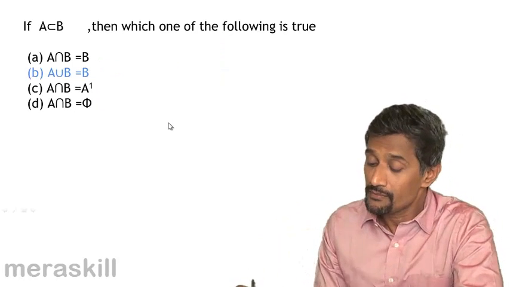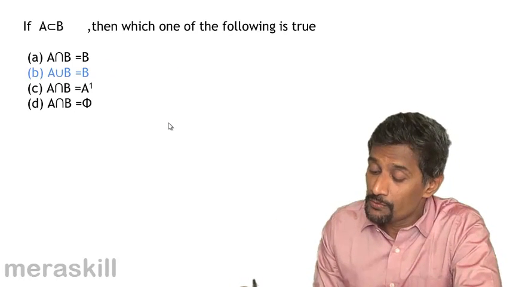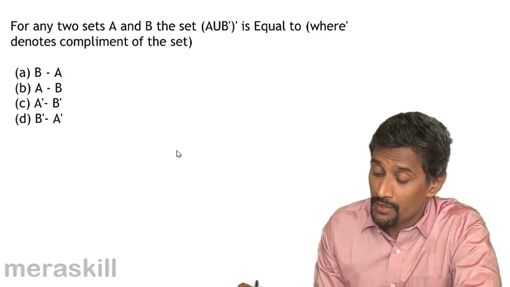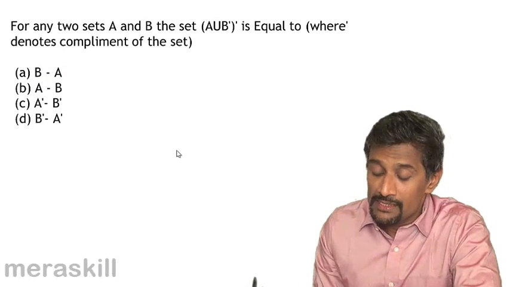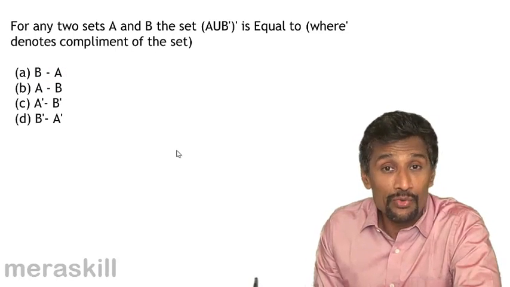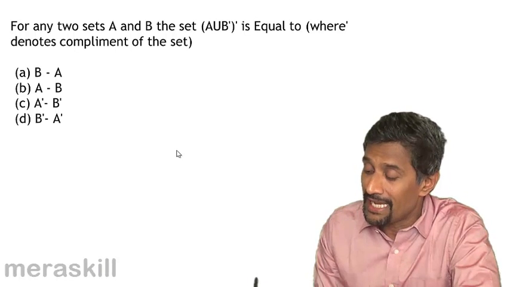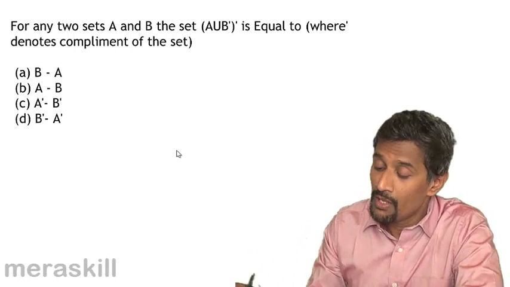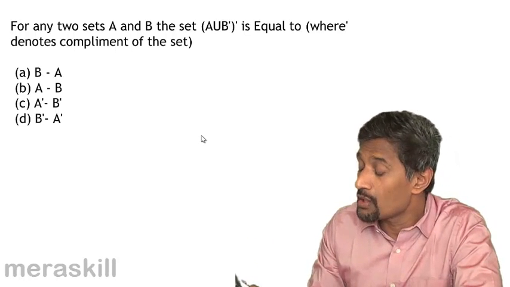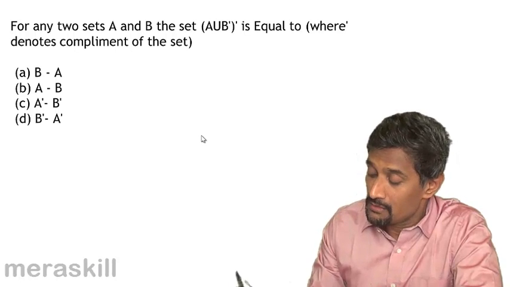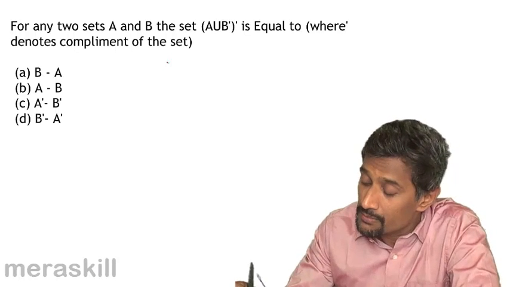Okay. From here we move further. Let's see what we have here. For any two sets A and B, the set A union B dash is equal to what? Again it involves a complement, so let's draw this simple diagram.